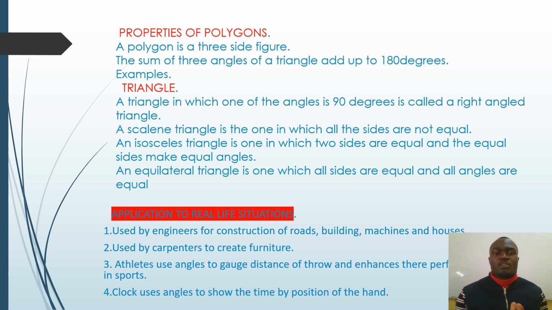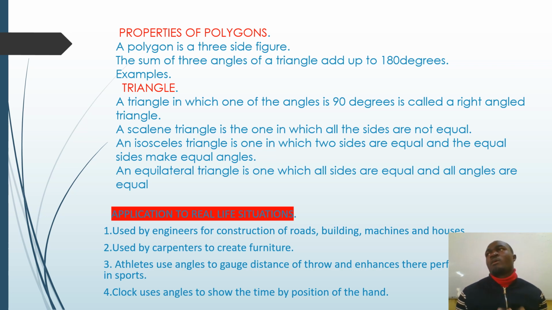An equilateral triangle is one in which all sides are equal. Then I talked about scalene. Yeah, not scalene, isosceles triangle. Two sides are equal. That means two angles are equal. You can find a triangle with two angles measuring, let's say, 50 degrees and 50 degrees.